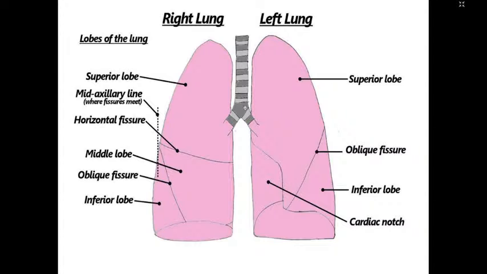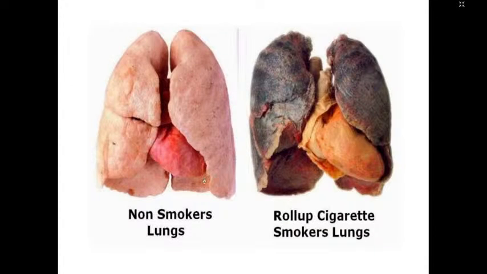So you know these structures we have discussed nicely: right lung, left lung, superior and inferior lobes, and on the right side three lobes. Now this is a normal non-smoker's lung. It is pinkish in color, the heart in the center, nice and healthy.